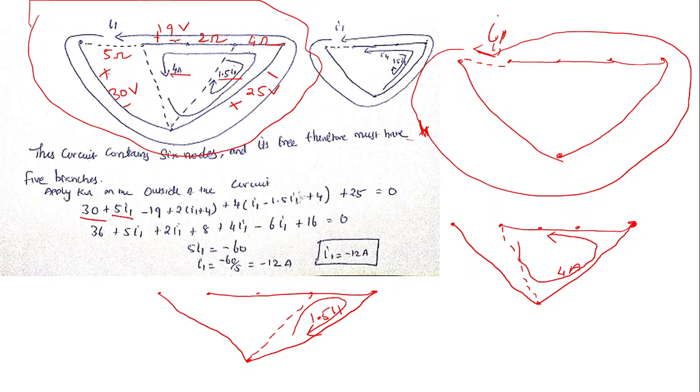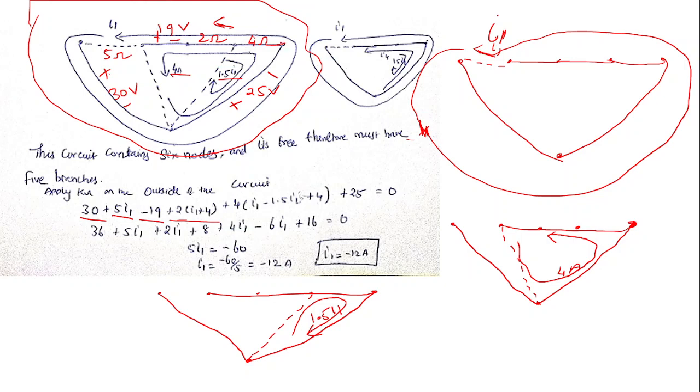And then we have minus 19 volt because the current I1 is entering negative, leaving positive. So minus 19. Then in this 2 ohms I have 4 ampere current flowing in this direction, and I1 is also flowing in the same direction. So the total current will be I1 plus 4. So plus 2 times (I1 plus 4) will be the voltage.